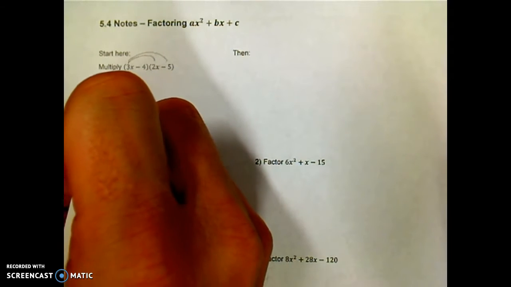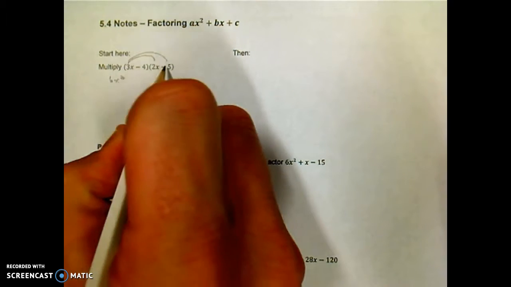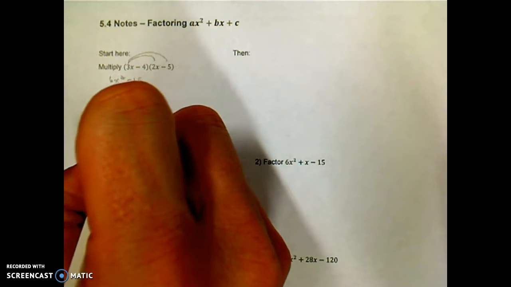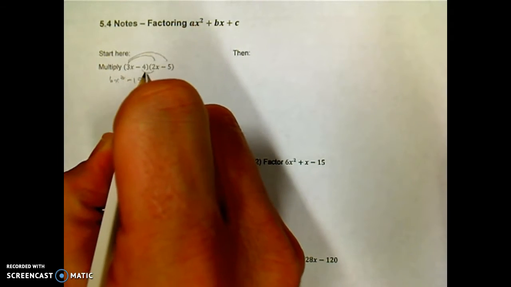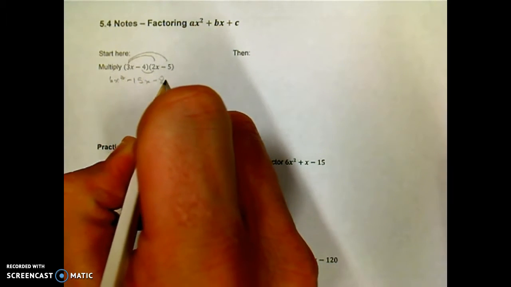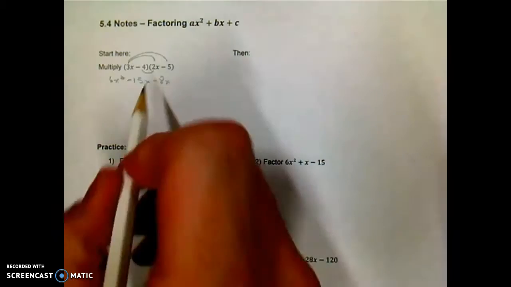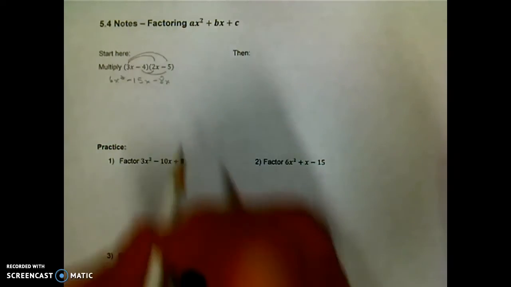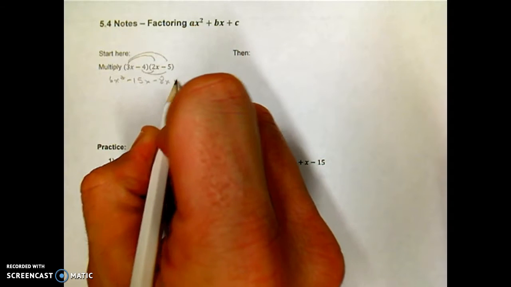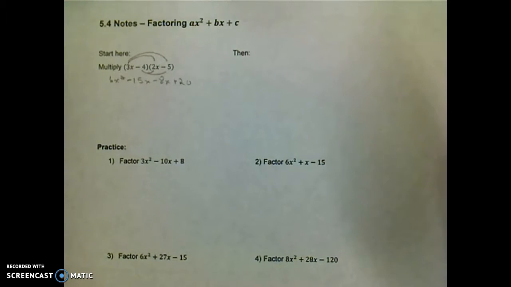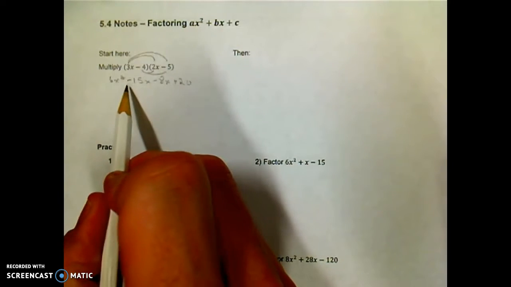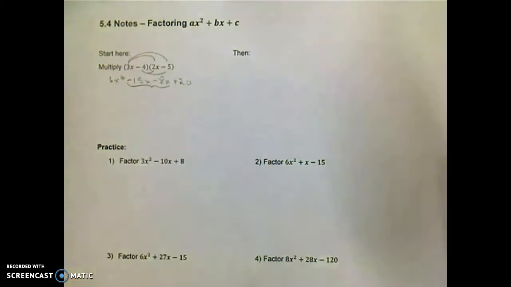So 3x times 2x gives us 6x squared. 3x times negative 5, negative 15x. Negative 4 times 2x, that's negative 8x. And then negative 4 times negative 5, positive 20. So when we multiply two binomials, we get 4 partial products, and we're going to have two like terms.